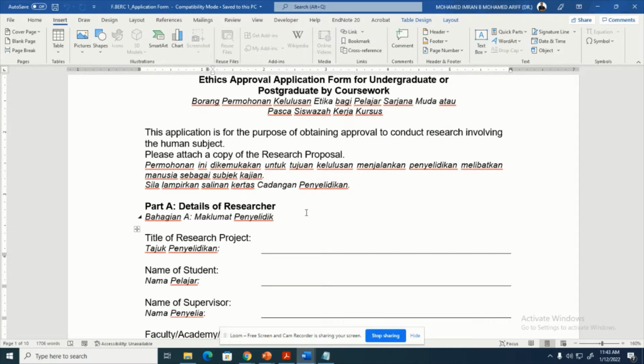human participation. Like I explained just now, if your student is doing a product or a system for, for example, kindergarten kids, OKU, blind kids, or people with mental disorders, or anything regarding human participation, then you need to fill up form number 1, 2, 3.